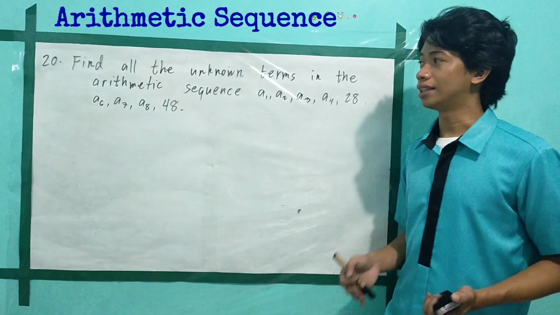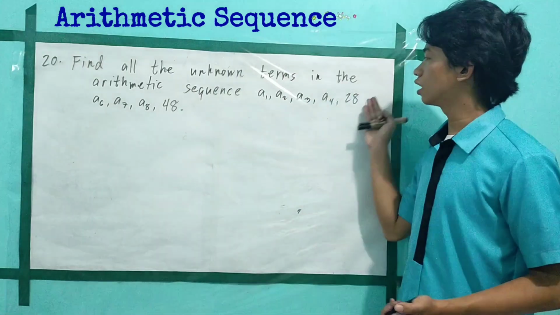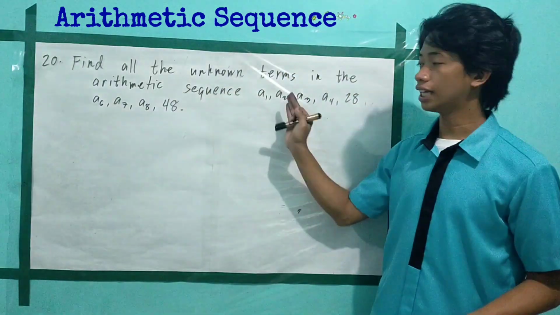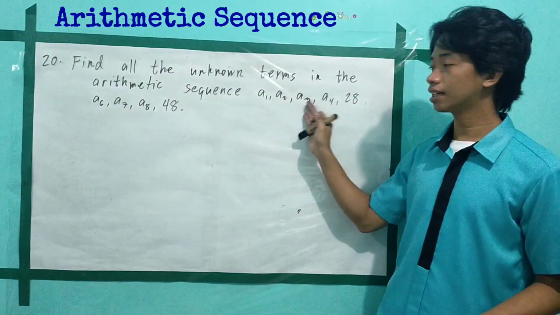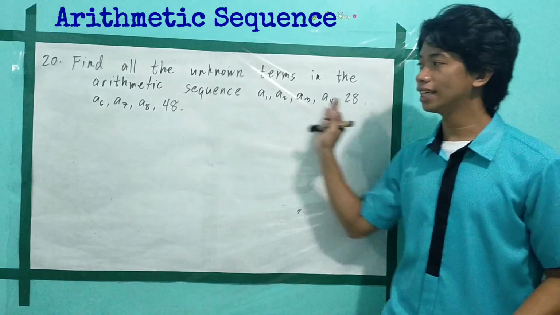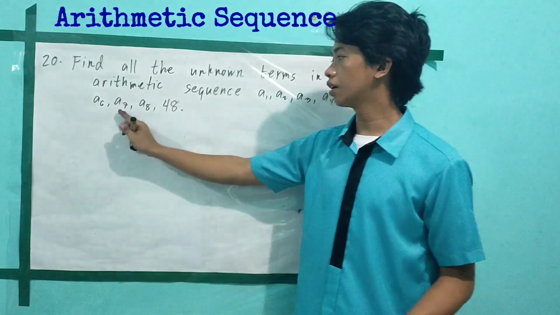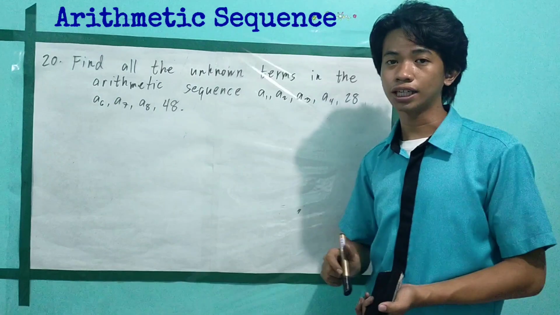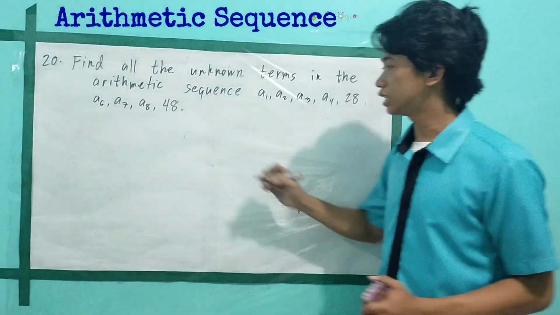Problem number 20. Find all the unknown terms in the arithmetic sequence a sub 1, a sub 2, a sub 3, a sub 4, 28, a sub 6, a sub 7, a sub 8, and 48. Illustrate muna natin siya.